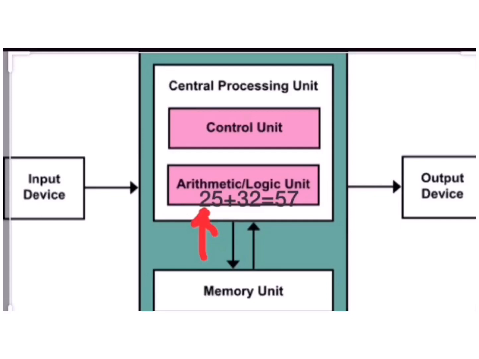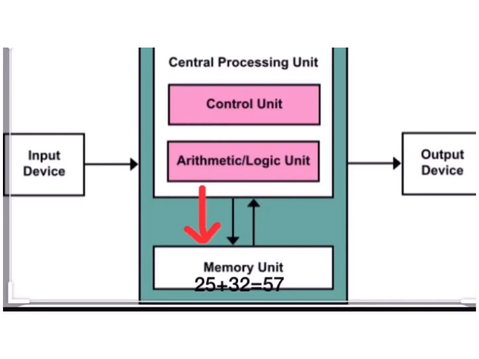In the next diagram, the CU takes the data 25 and 32 and the instructions plus and equal from the memory unit and tells the ALU, arithmetic logical unit, to add the numbers. The MU, memory unit, sends the 25 and 32 and the plus and equal signs to the ALU.